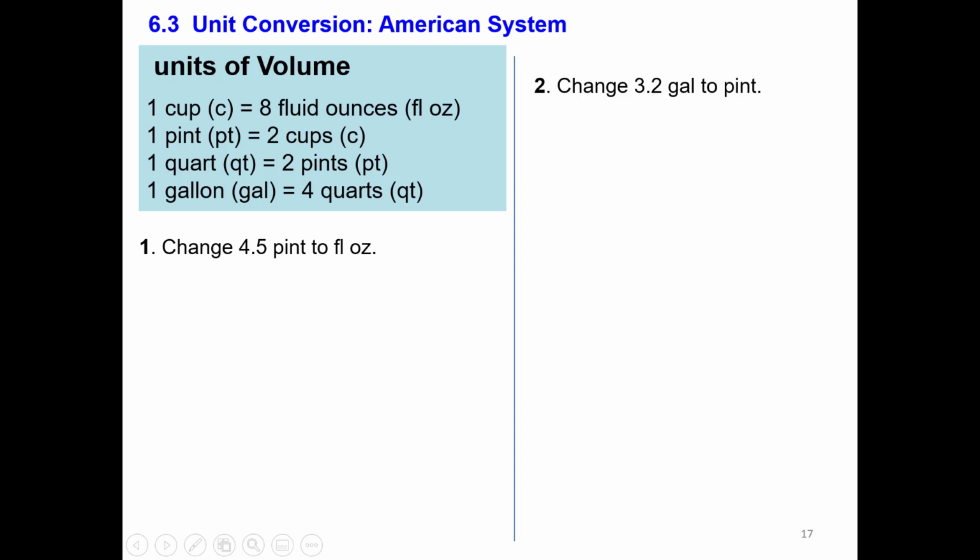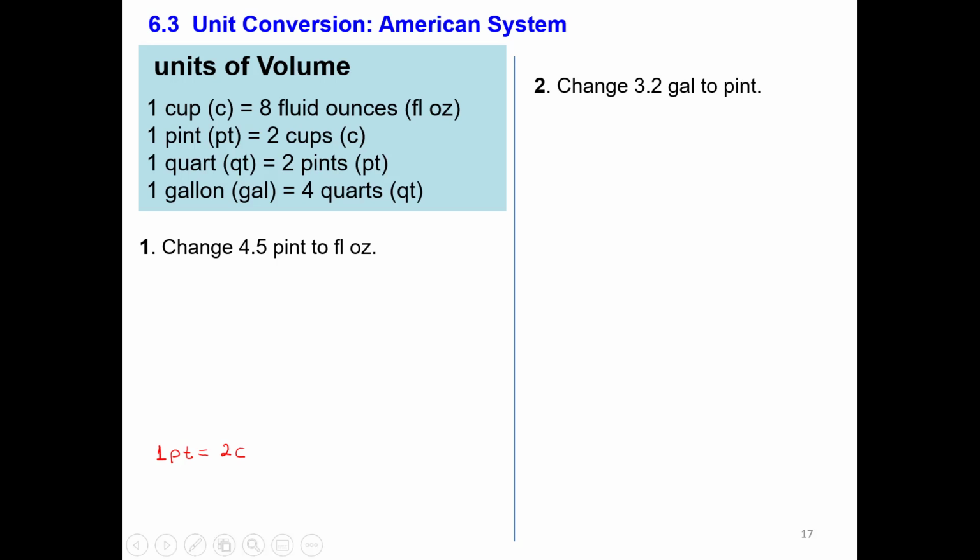Let's write the conversion factors we are going to apply in this case. We need first to convert the pint into cups, and 1 pint equals 2 cups is here.